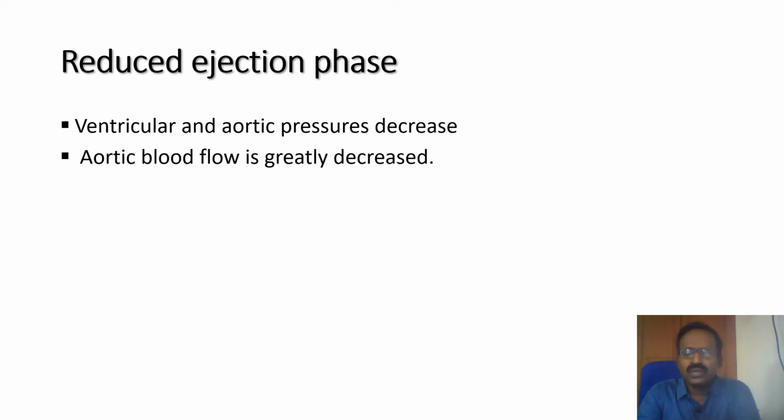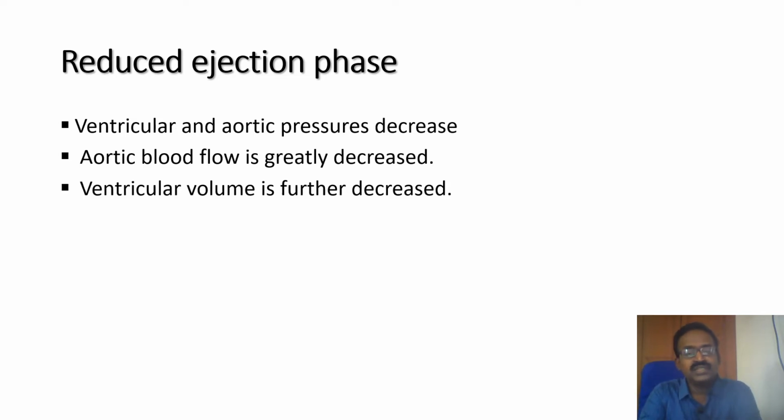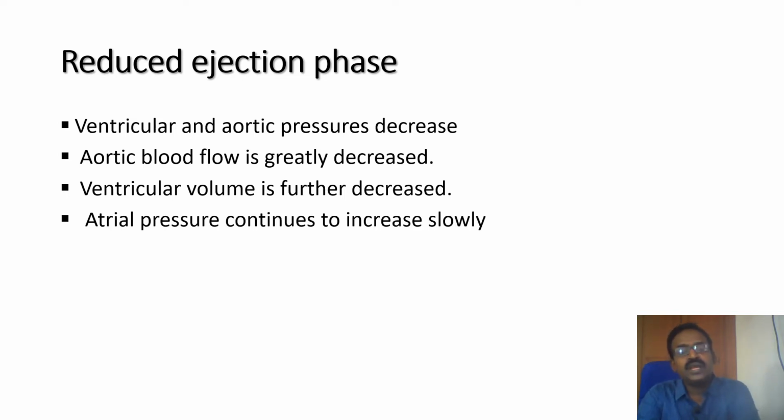Aortic blood flow is also greatly decreased during the reduced ejection phase. Ventricular volume is further decreased. Atrial pressure continues to increase slowly. It is due to the venous return increased in the atrium.